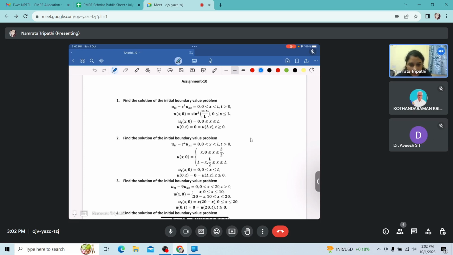In the last session, I already gave some idea about the method of separation of variables, the variable separable method. We will solve with the help of the variable separable method when x is bounded, like from some fixed a to b.